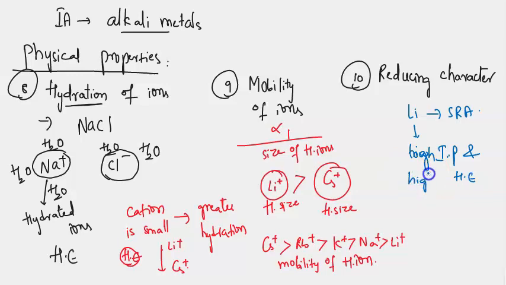The high hydration energy of lithium is sufficiently high to compensate for the high ionization energy. So hence lithium is said to be the strongest reducing agent. Reducing nature or reducing character decreases down the group.